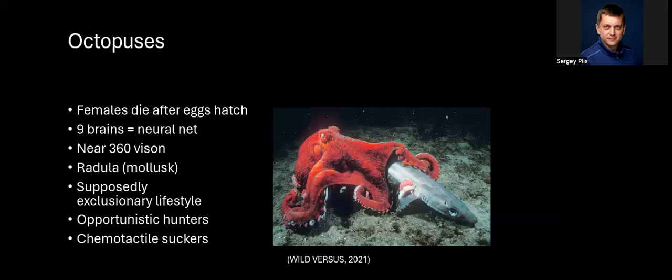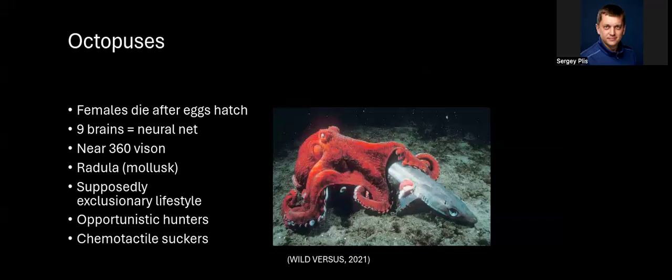They have a supposed evolutionary life cycle, which would go into the behavior analysis of the paper itself, and they're also opportunistic hunters, except when they're breeding, because then they devote all their energy to the eggs. They don't even sleep, so they just do nothing but that and die. I put this in the image on the right.